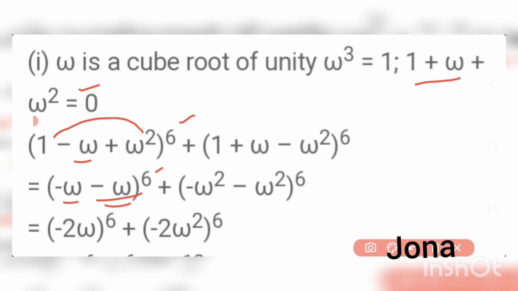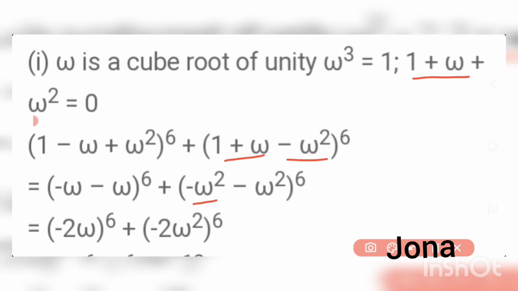Keep this whole power 6 as it is. And then keep this minus omega square as it is here. 1 plus omega is nothing but minus omega square. So I can take this minus omega and minus omega is minus 2 omega. And here minus omega square and minus omega square is minus 2 omega square, whole power 6, in both the things there.